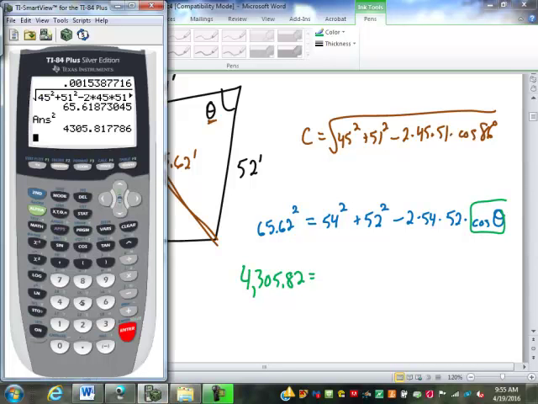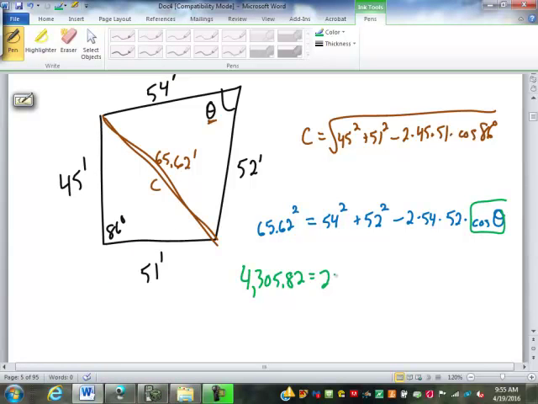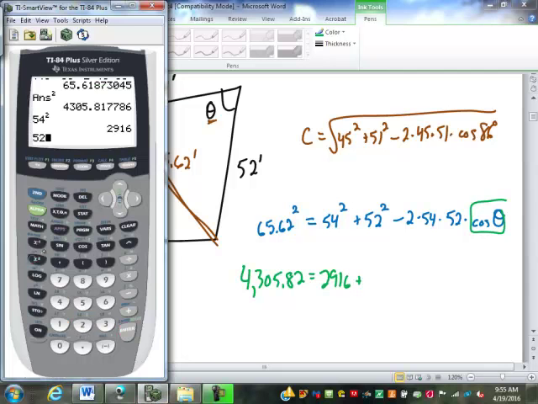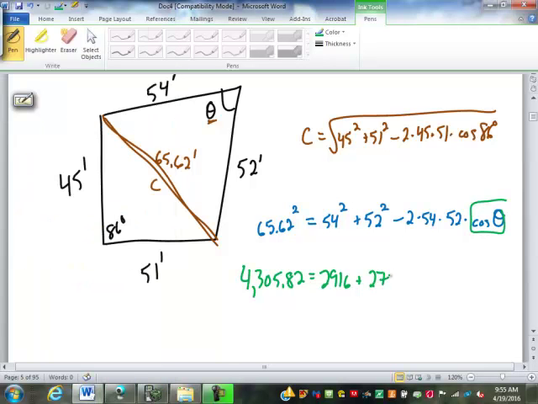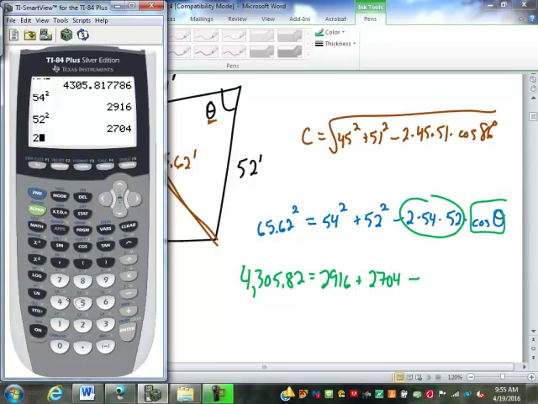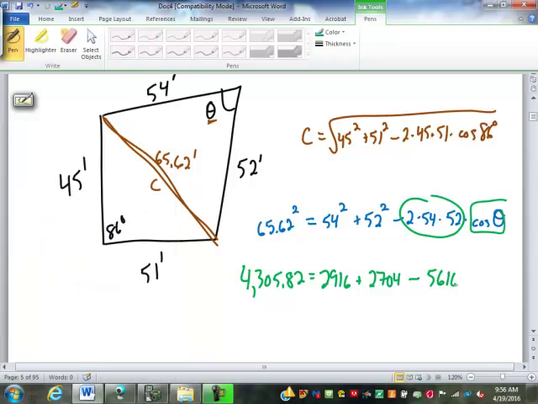Then we're going to do 54 squared, 2916. 52 squared, 2704. And then 2 times 54 times 52, it's going to give us 5616. And that's times the cosine of theta. Again, we're still treating this like our variable.